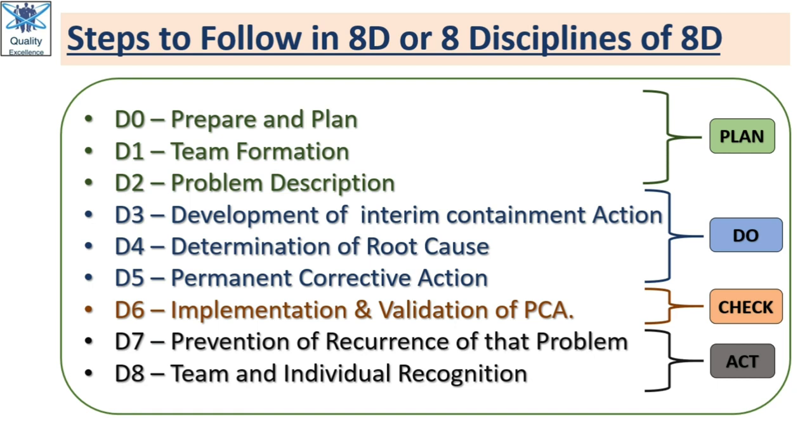And D7 is prevention of recurrence of that problem, and D8 is team and individual recognition. So D7 and D8 are the act stage. So D0 to D2 is the plan stage, D3 to D5 is the do stage, D6 is the check stage, and D7 and D8 is the act stage. So these are the 8 disciplines of 8D, and D0 is the primary stage. That's why it is called D0.